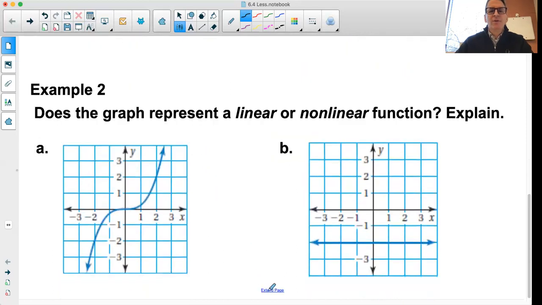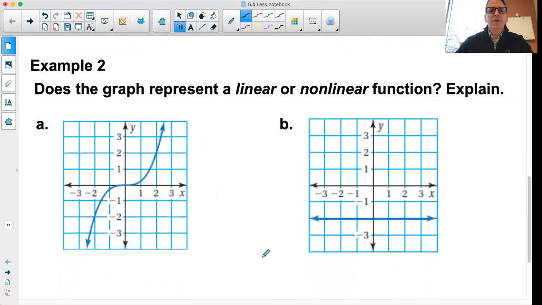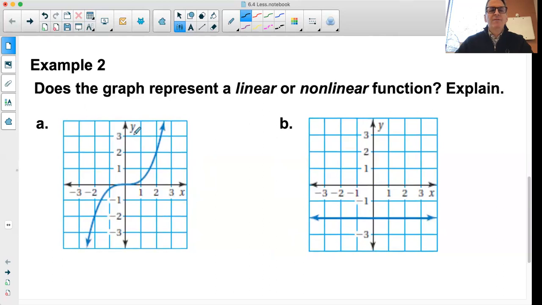Example 2, here we go. Now we're going to be given graphs and it says, does the graph represent a linear or nonlinear function? These go pretty quickly. You actually have the graph right in front of you here, and you can see this little swoop, and it kind of swoops up, and then it flattens out, then it swoops back up.